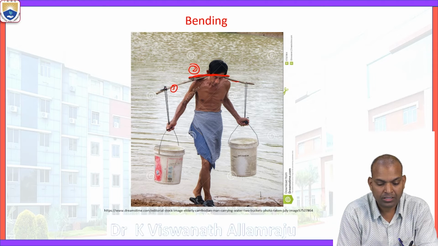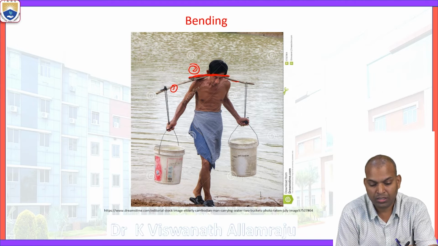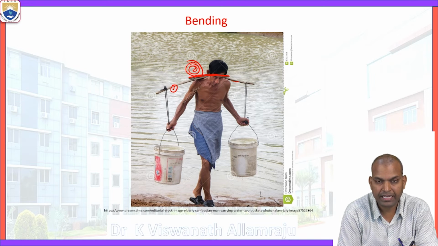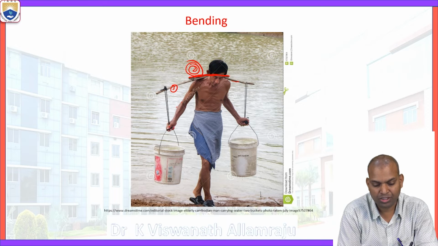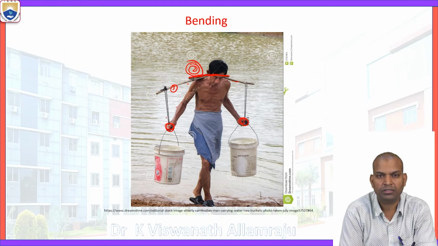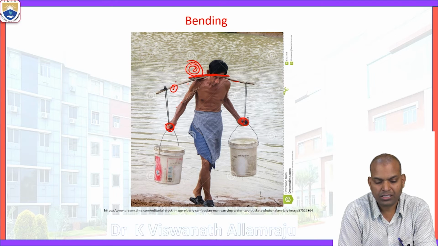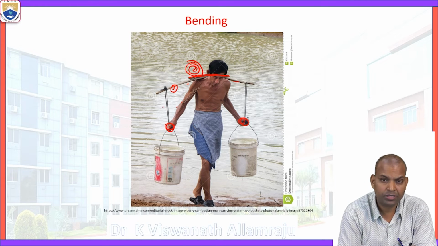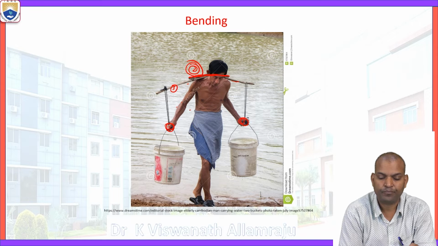In order to minimize the load on bar 1, two things: one is the supporting bar 2 tied, another one, he carried with the hands. This reduces the action of the load on bar 1. Thus we can avoid the failure of the bar in this case.